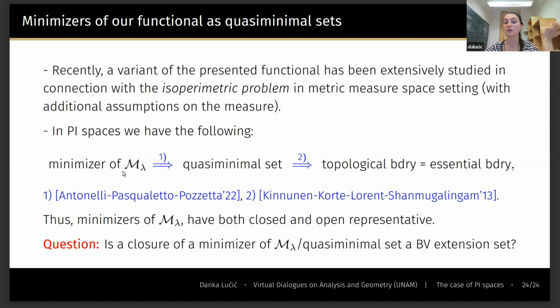So the closed representative of such a set is going to be our BV extension set. Now many questions remain after the study of this functional in this generality of metric measure spaces, and one of them could be: is the closure of a minimizer of our functional, or the closure of a quasi-minimal set, a BV extension set?